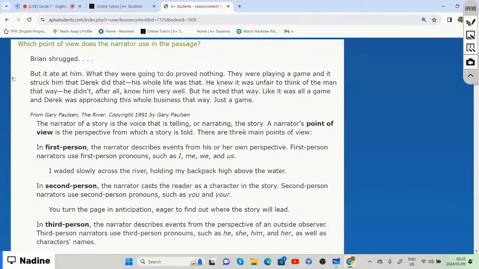His whole life was that. He knew it was unfair to think of a man that way. He didn't, after all, know him very well, but he acted that way, like it was all a game, and Derek was approaching the whole business that way. Just a game.